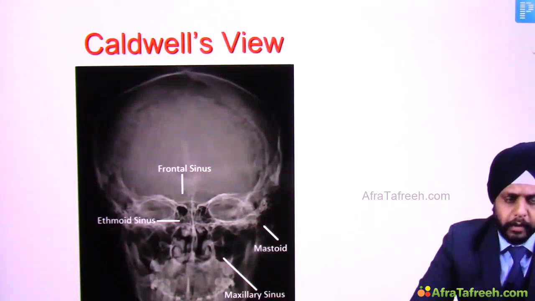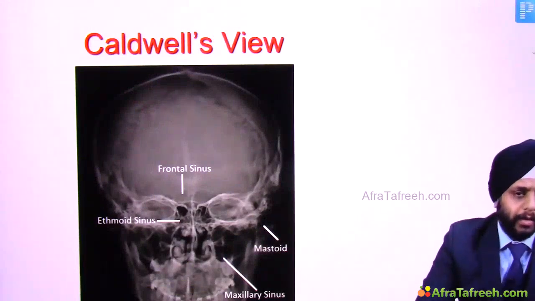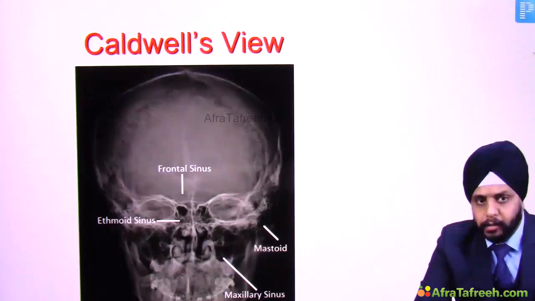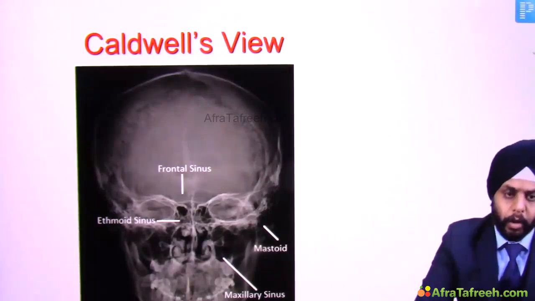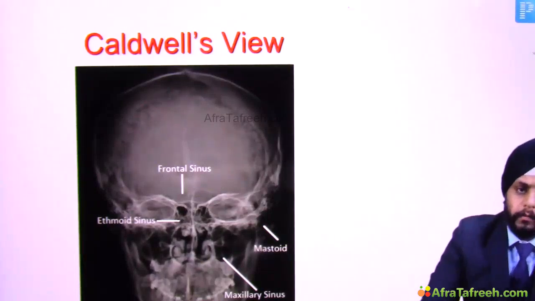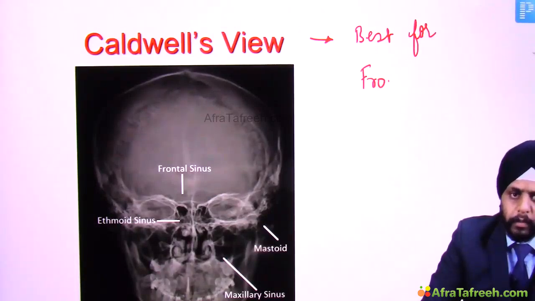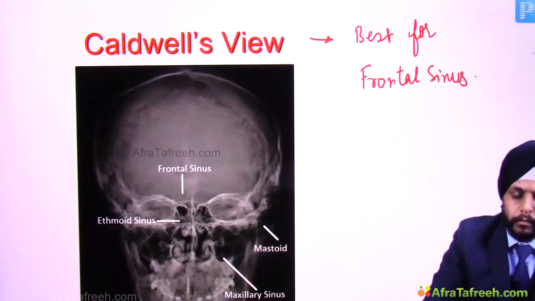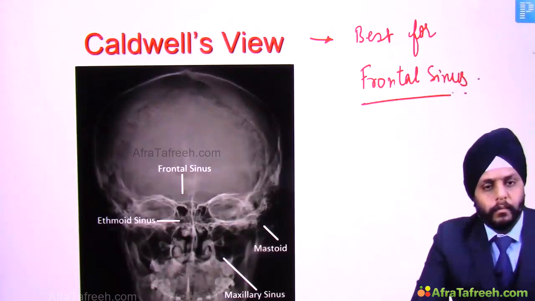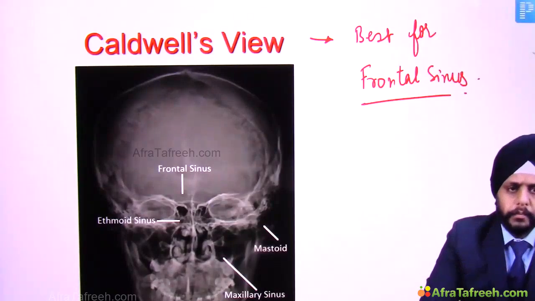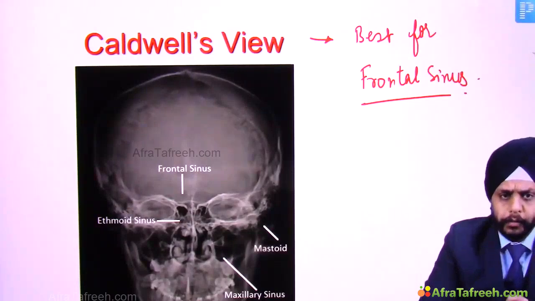As we were discussing, the best view for the maxillary sinus and the anterior ethmoids is the Waters view. Now the Cardwell's view is the best X-ray view for frontal sinus. Right? Now, what do we do in the Cardwell's view?